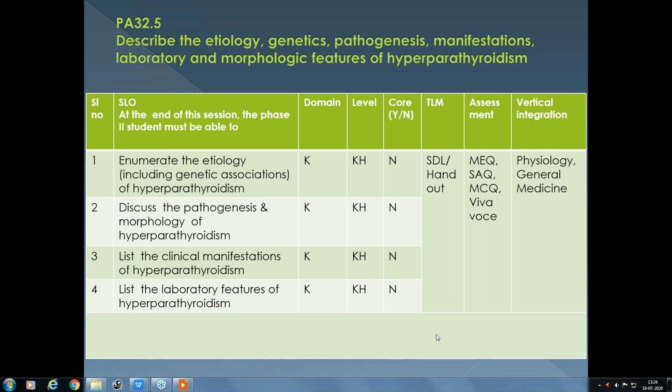So just knowing the listing is not sufficient. Why it is occurring, if the students are not aware of that, then it will just be rote learning, and we don't want that. Do we?